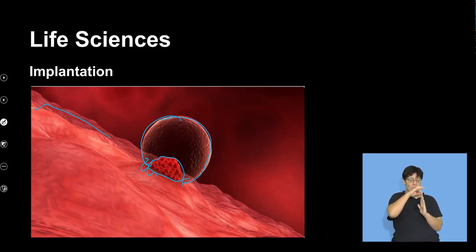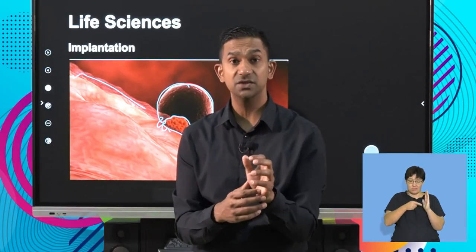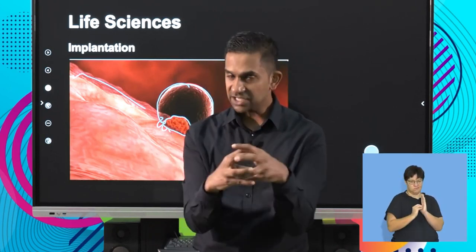And this is the endometrium, and we're inside the uterus where this ball that has formed is now able to attach. And so, guys, this process of attachment onto the endometrial lining, which is a vascularized layer in the uterus, is called implantation. The word implantation essentially points to the growth and attachment.